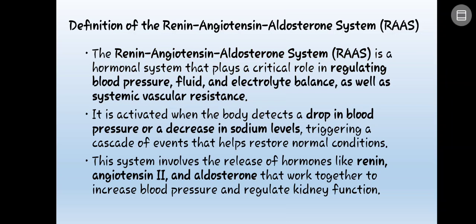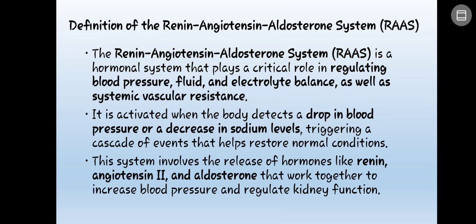What is the renin-angiotensin-aldosterone system? Now, this system is actually a hormonal system that plays a critical role in regulating blood pressure, controlling or regulating your fluid and electrolyte balance, and also regulating your systemic vascular resistance.